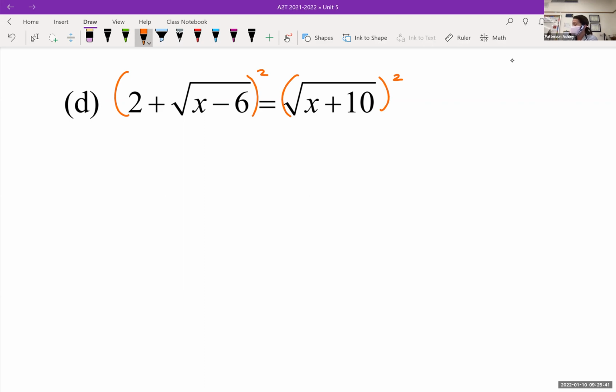Now, on the right-hand side, the square root and the square are going to cancel, leaving us with x plus 10. On the left-hand side, they are not going to cancel. We're going to take the quantity of 2 plus the square root of x minus 6 and multiply it to itself.